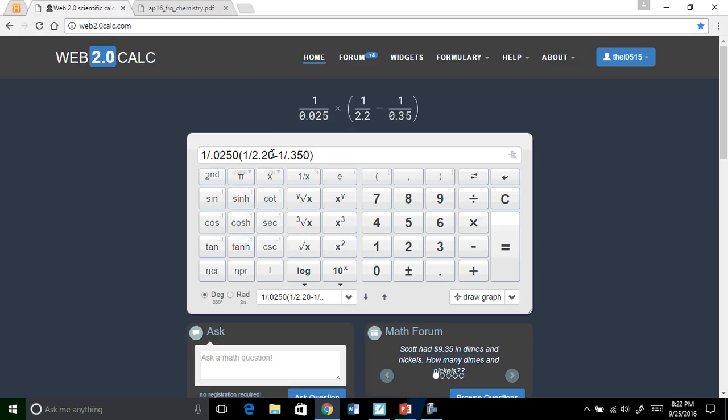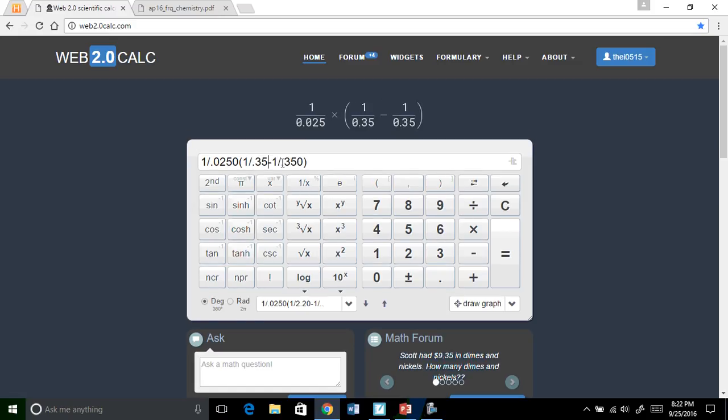And so this should be, interestingly enough, it's just flipped. This should be 0.350, and this should be the 2.20. Sorry, notice, same answer, just positive this time.